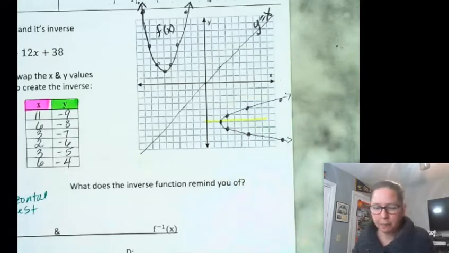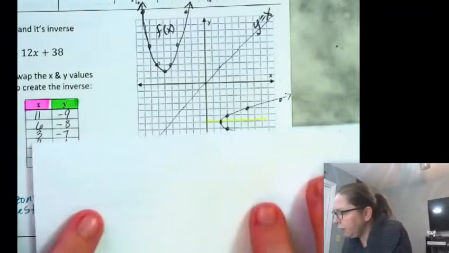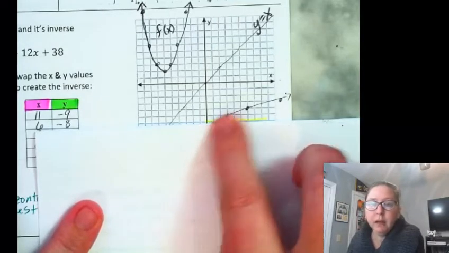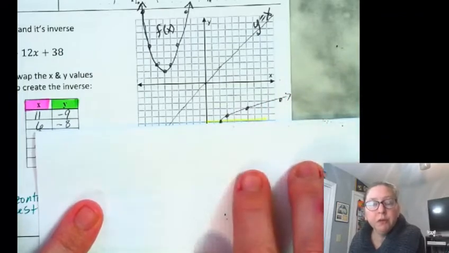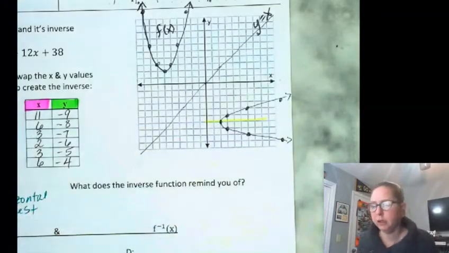But what would happen if I took away part of my picture and that's all that I had right there? What does that look like to you? It kind of looks like a square root function. So a square root function really is kind of just a parabola where half of it's been cut off.